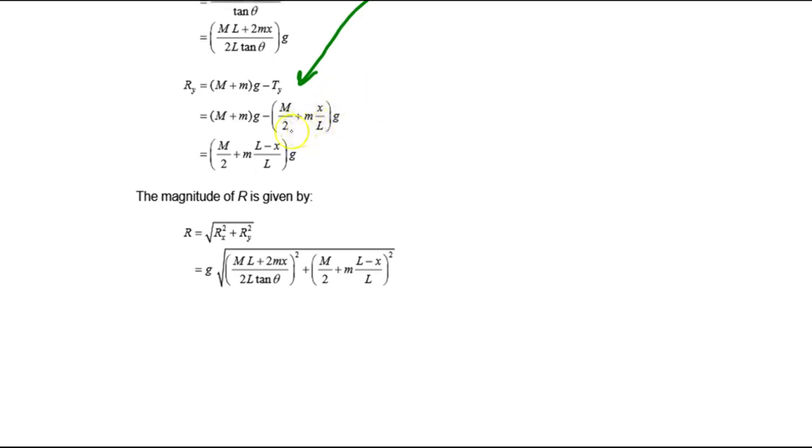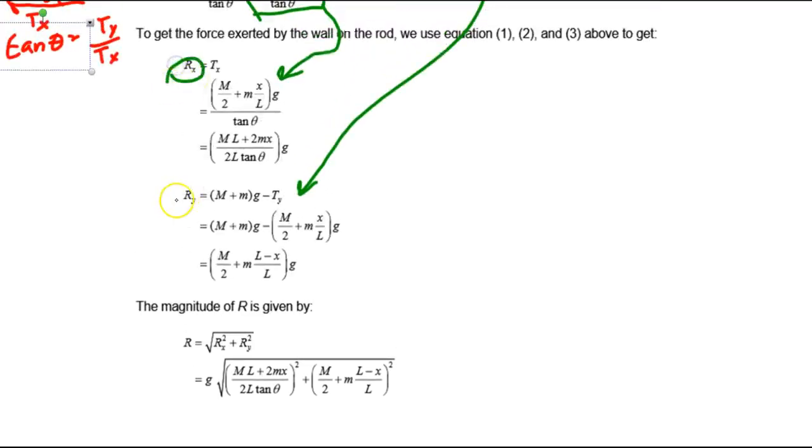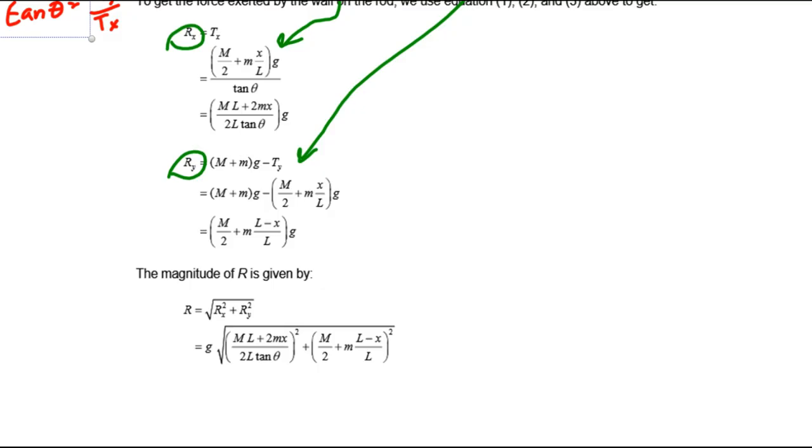And then they combined such that everything's factored by G now. And then down here we have, okay, so to back up a moment, we have Rx and we have Ry now.